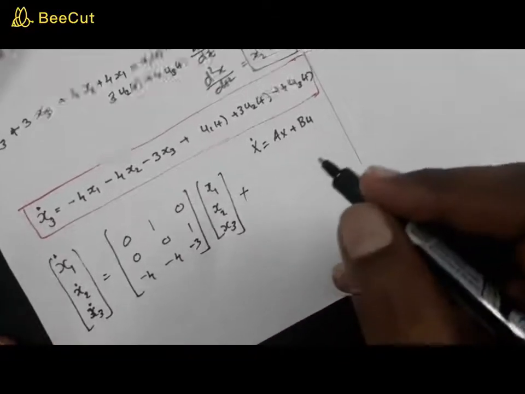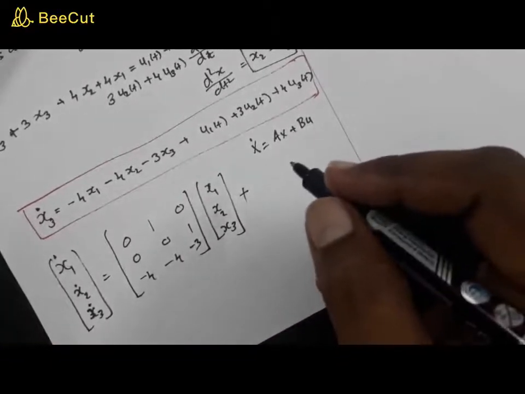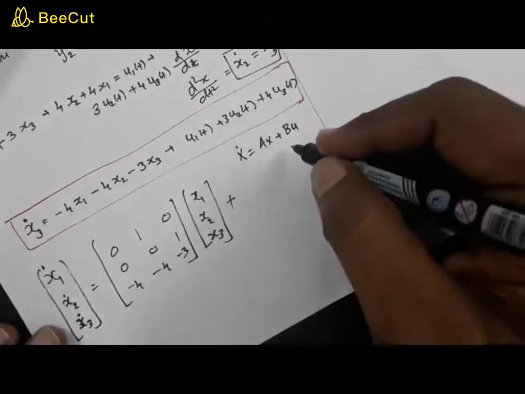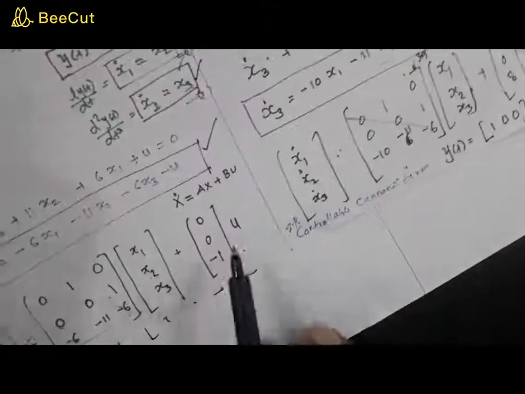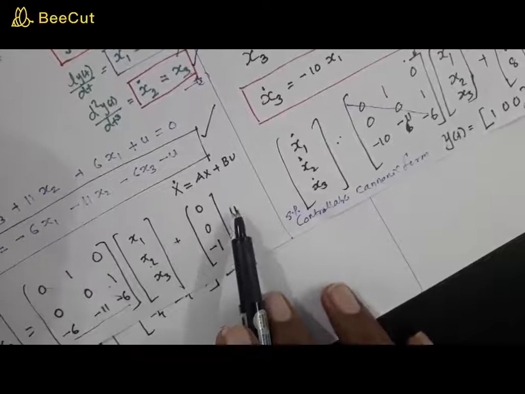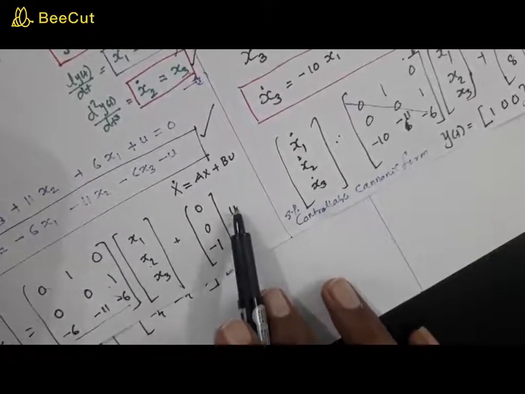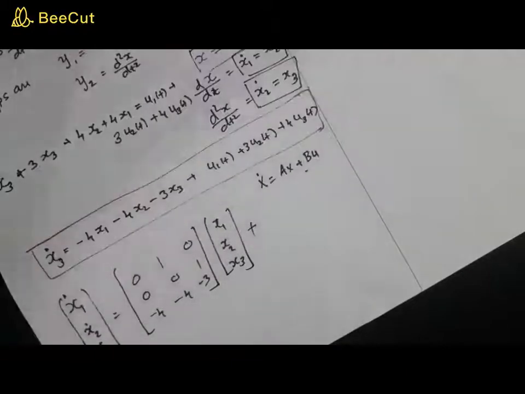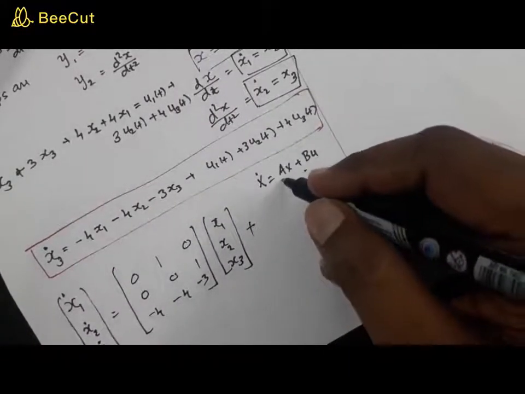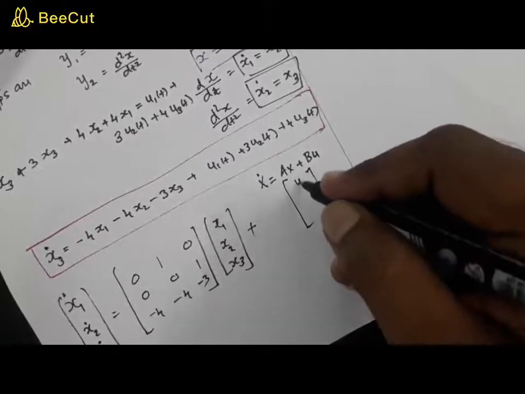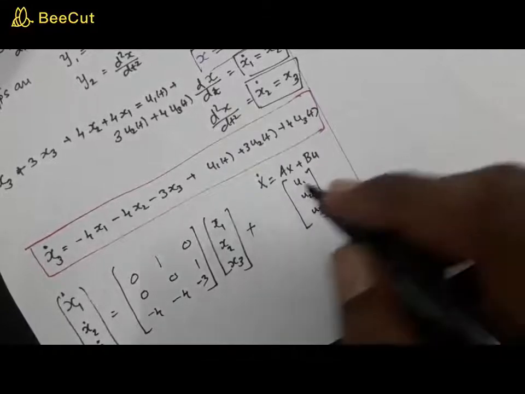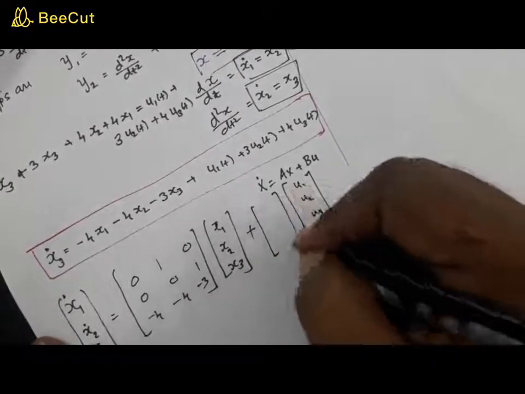Now plus, this is important. How many inputs do you have? You have 3 inputs. In the previous example there was only one input, so you could simply consider it a scalar and multiply with the column matrix. That is not possible over here, so you need to represent it as a matrix. This is actually u1, u2 and u3, right? So what type of matrix must this be?